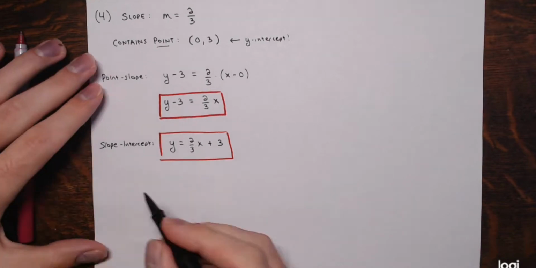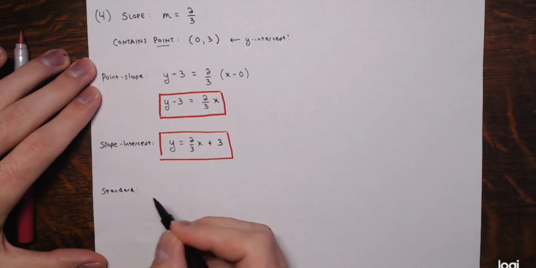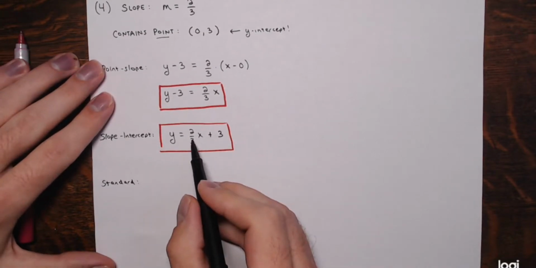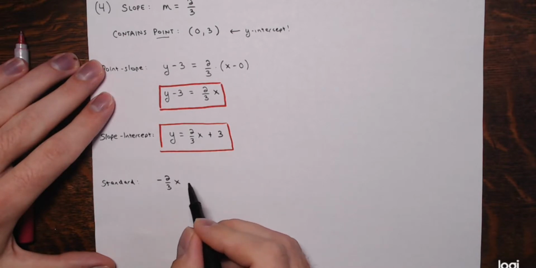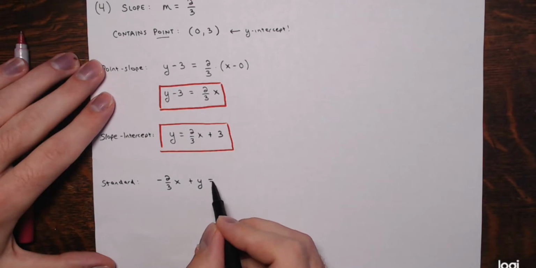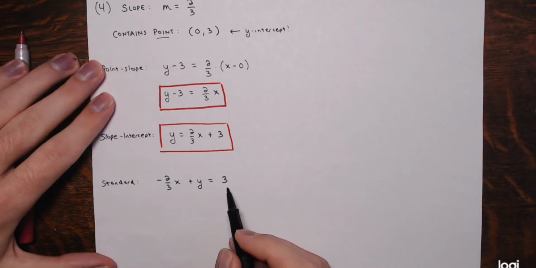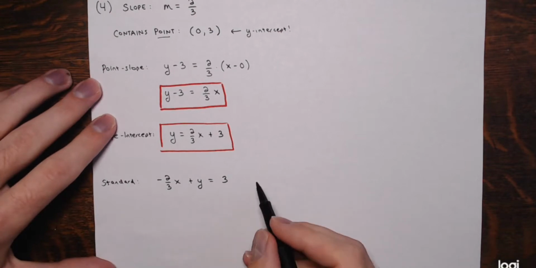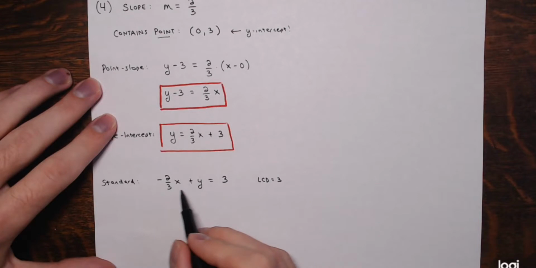And then, to get it in standard form, remember I take everything with the variable to one side. So here I would subtract 2/3 x, so we have negative 2/3 times x plus y equals, you'd still have the 3 on the other side. And then, just to be consistent and stick to what this particular text I'm in wants, the LCD here is again 3, so I'm going to multiply everything by 3.